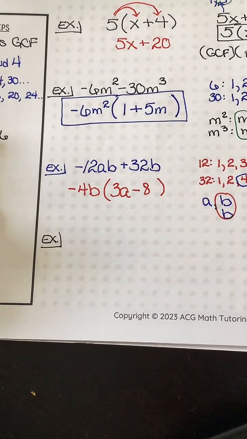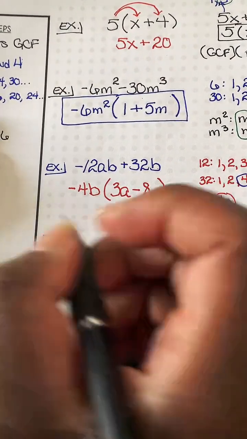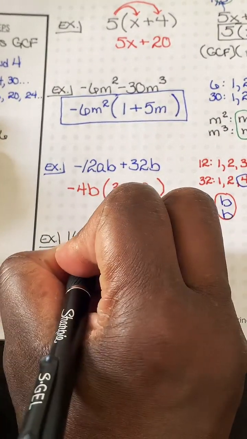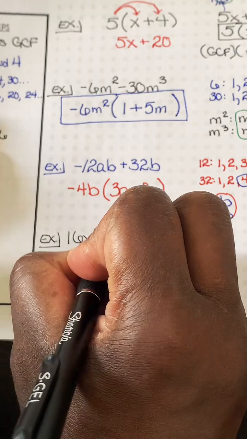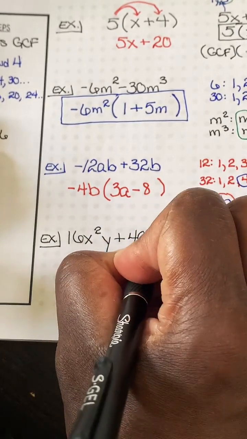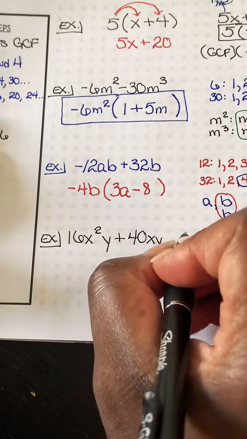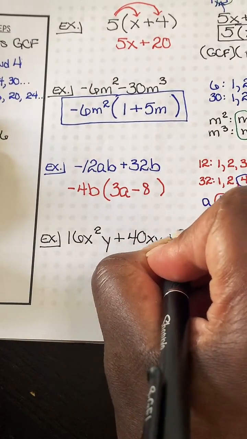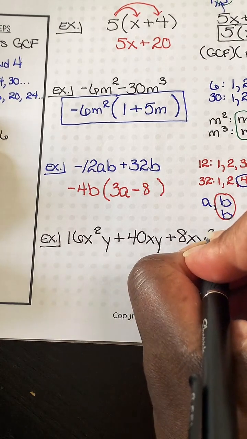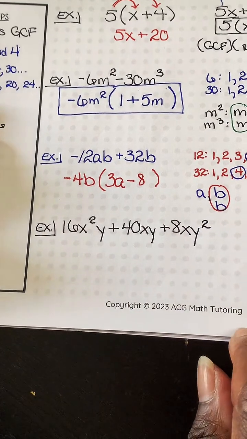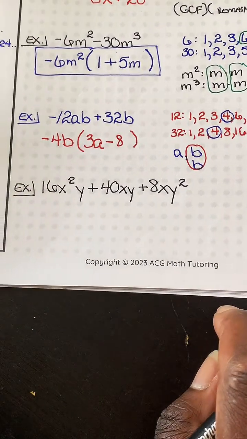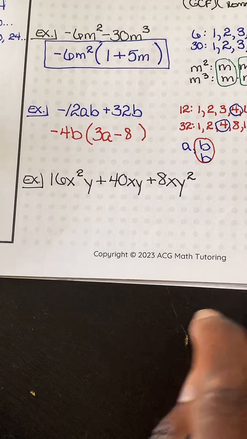So if I have 16x squared y plus 40xy plus 8xy squared. Okay, we're just expanding it with one more term.